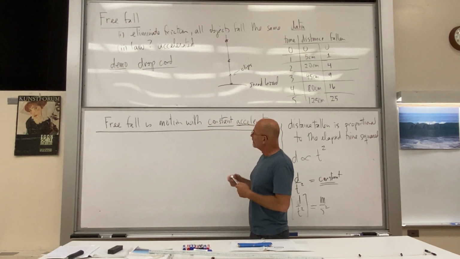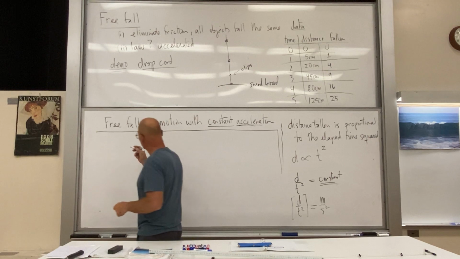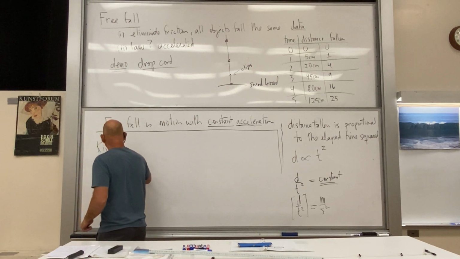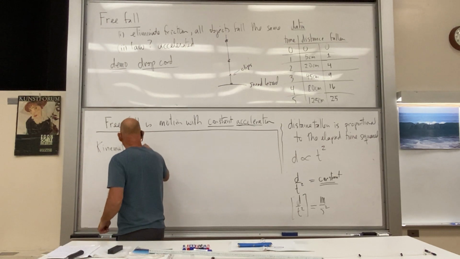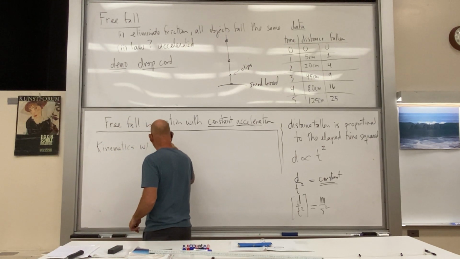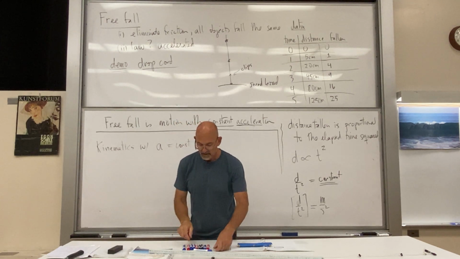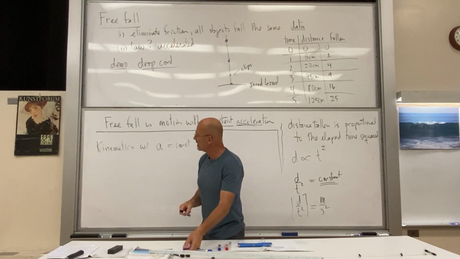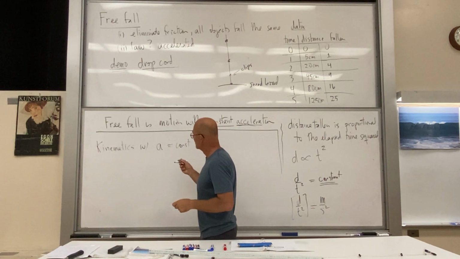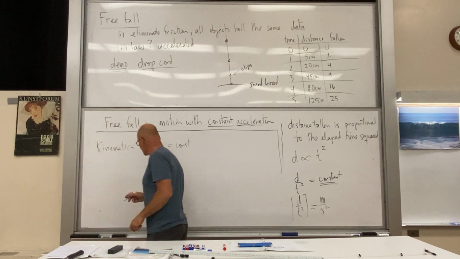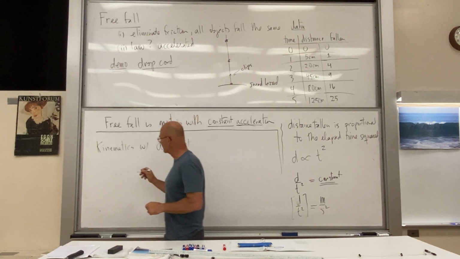Okay, so now we're doing motion with constant acceleration, so we're going to call this kinematics with acceleration equals constant. What we do is we just take our definitions and apply them. So let's see what we have here.